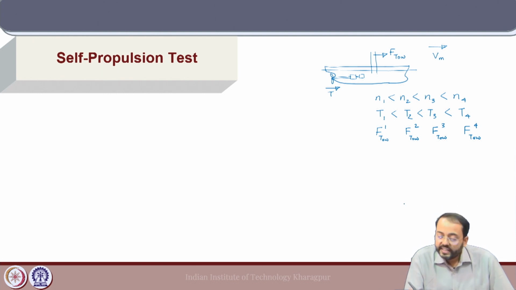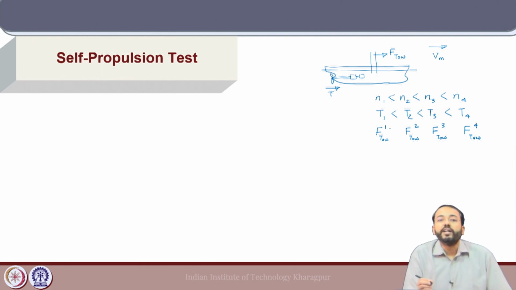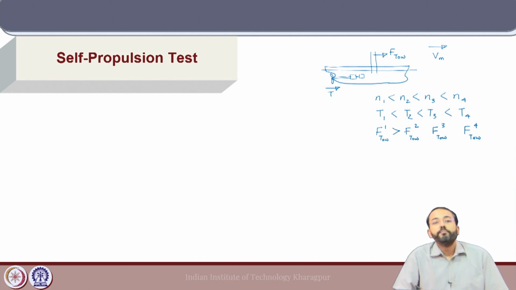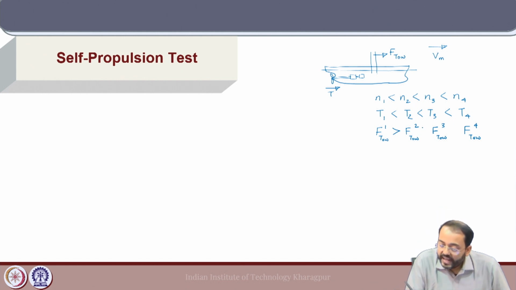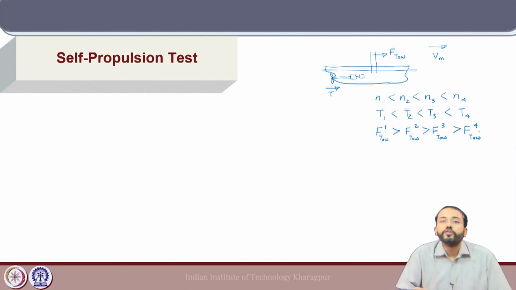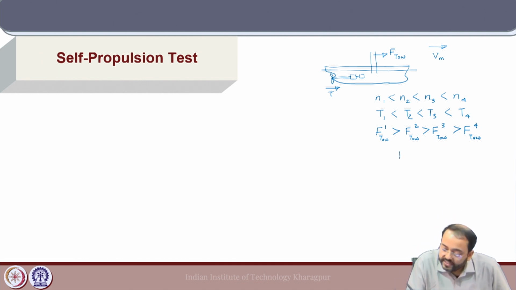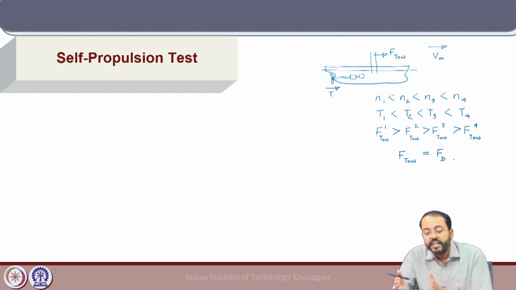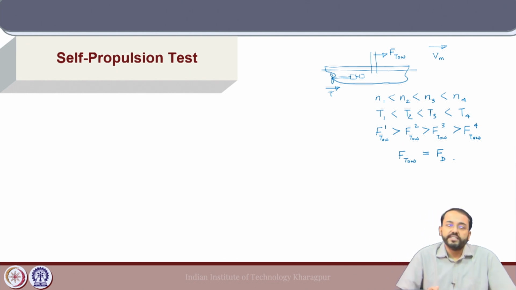So, for the case where the RPM is N1, lowest RPM, the tow force will be highest because the propeller thrust component is low, and gradually the tow force will decrease, and we have to capture the self propulsion point where the tow force F tow is equal to the skin friction correction force Fd, which should be somewhere in between these 4 points.